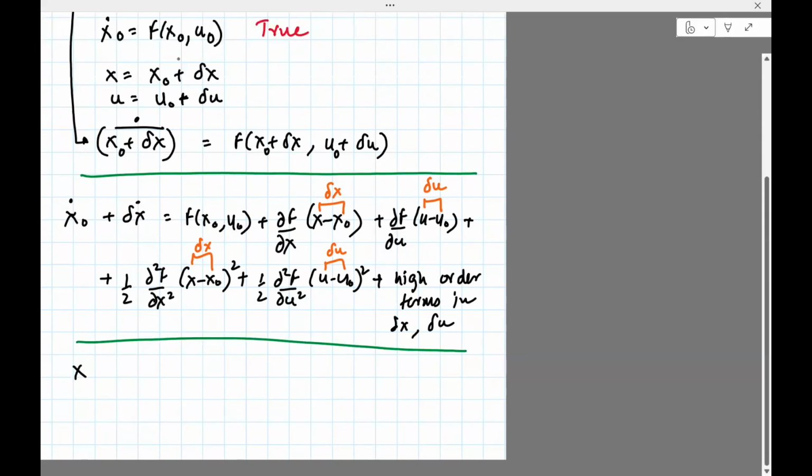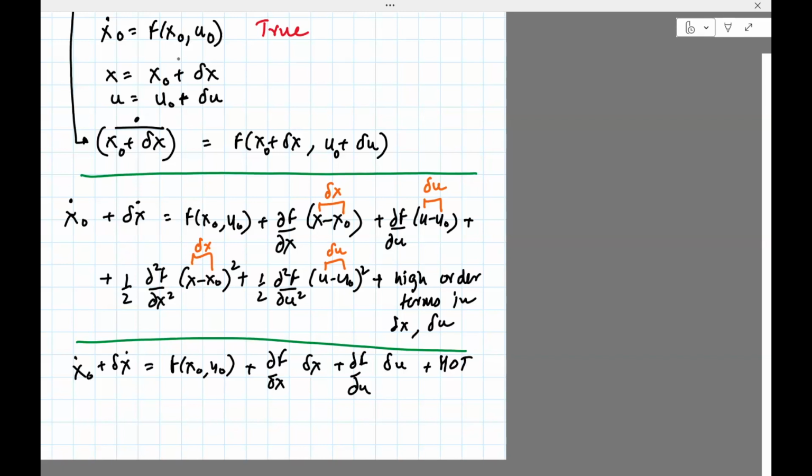Yes, so I'll write this down one more time: f of x0, u0 plus df dx delta x plus df du delta u plus, people usually write it as HOT, high order terms.